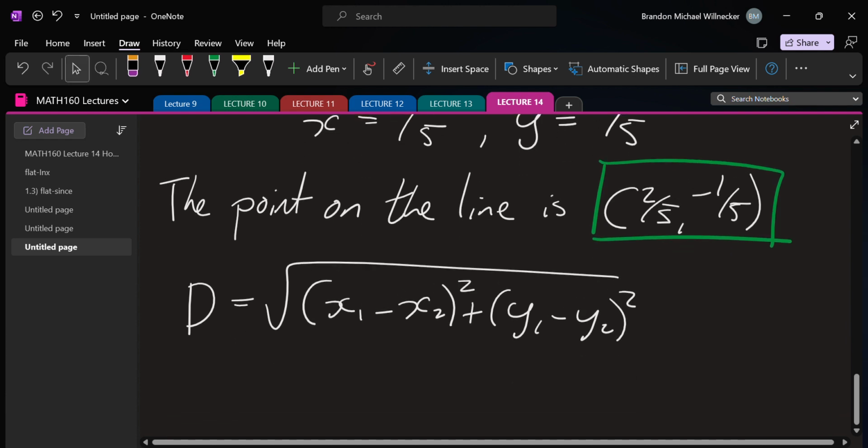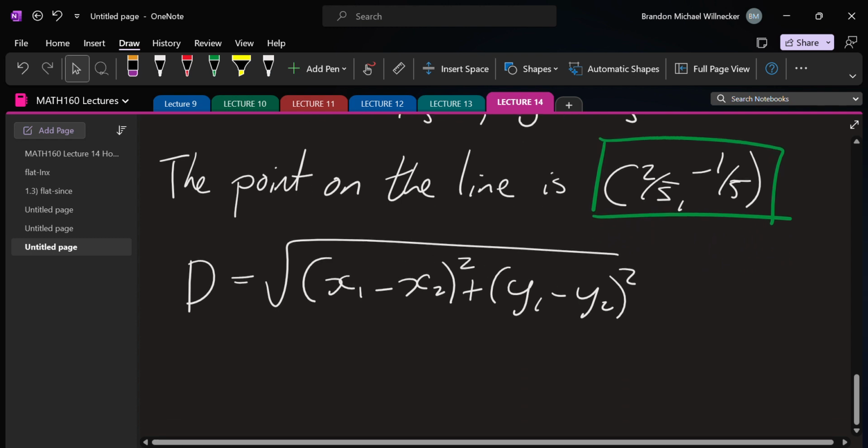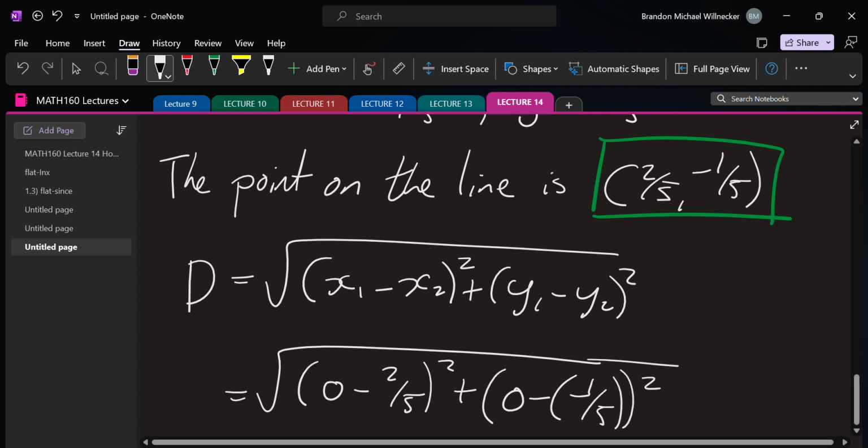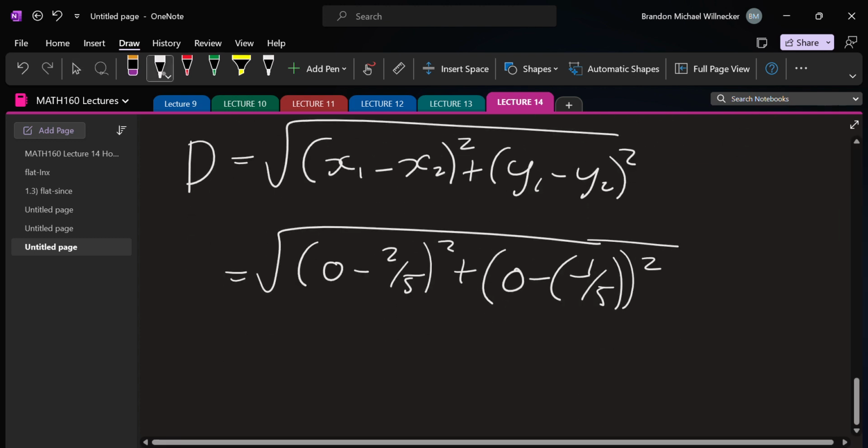Okay, x1 minus x2 plus y1 minus y2, both of them squared. And we know the points now, so we can just substitute. x1, that was 0. x2, that's 2/5. y1, that was 0. y2, that's -1/5.